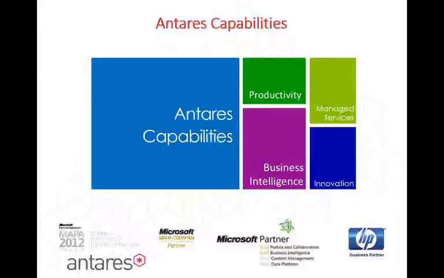We put a big focus on the productivity space, which is all around SharePoint, Dynamics CRM, Project Server, and also, of course, things like Office 365, Lync, and TRIM integration. We also have a managed service offering. So if you're looking for cloud hosting solutions, maybe you're looking to go to Office 365, or you're looking for private hosting in Azure, or even in other data centers, Antares can help you with that.